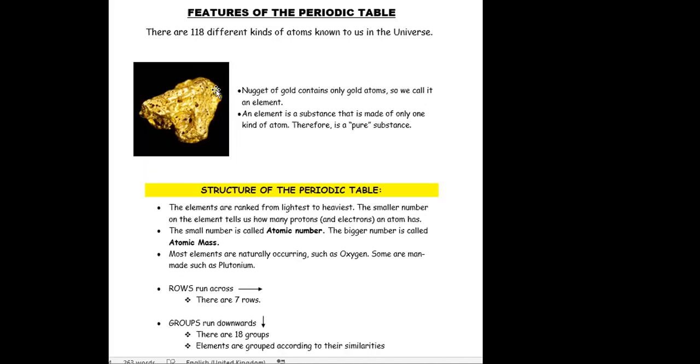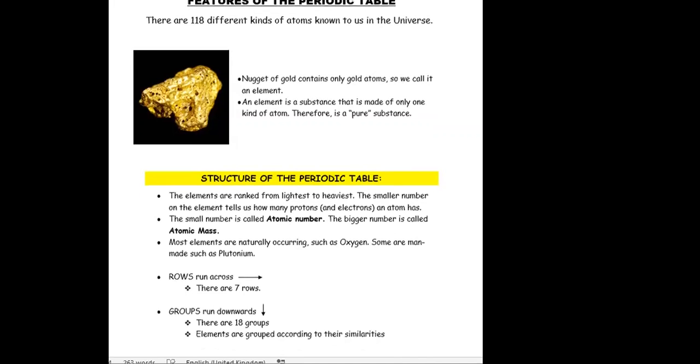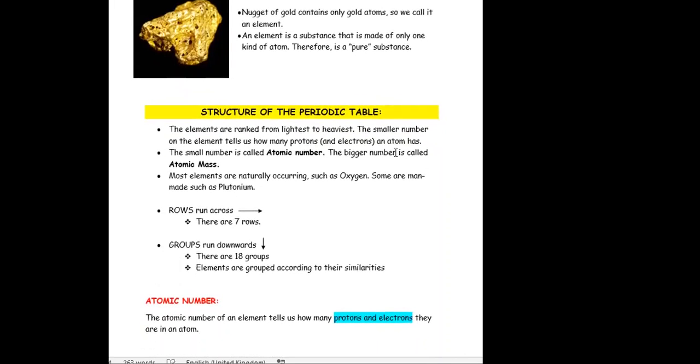For example, this gold nugget over here, right? A nugget of gold contains only gold atoms. That's why we call it an element. And if you recall from the last lesson, an element is also a pure substance because it's only made from one type of atom.